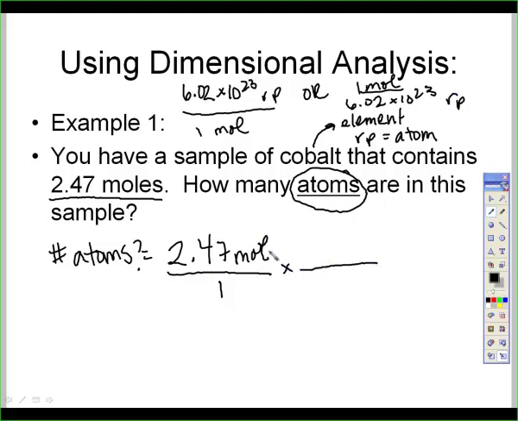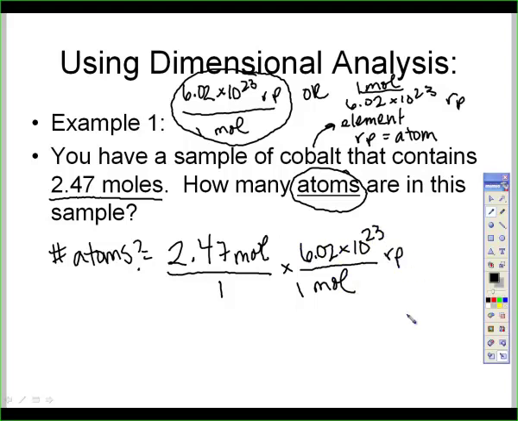Well, remember from our talks before, we want this mole to be in the bottom, and that's so we can cancel it out. So this is the one where mole is in the bottom. So I'm going to take this conversion factor and I'm just going to recopy it right here. And when I do that, my moles cancel and I'm left with representative particles.